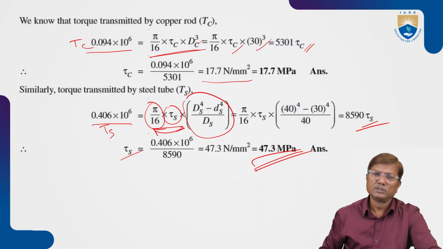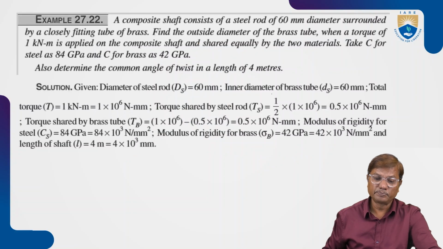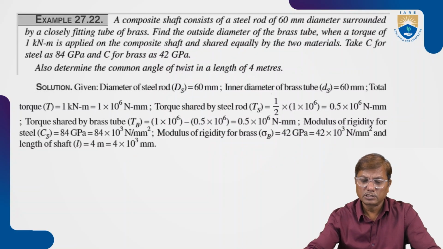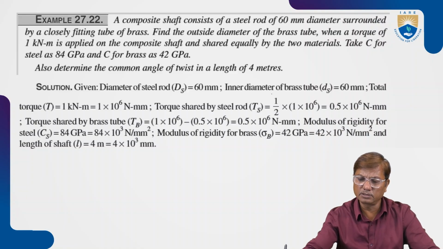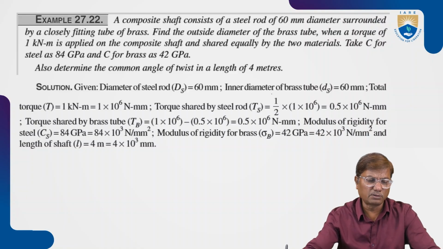One more example we'll see. A composite shaft consists of a steel rod of 60 mm diameter surrounded by a closely fitting tube of brass. Find the outside diameter of brass tube when a torque of 1 kN meter is applied on the composite shaft and shared equally by the two materials.